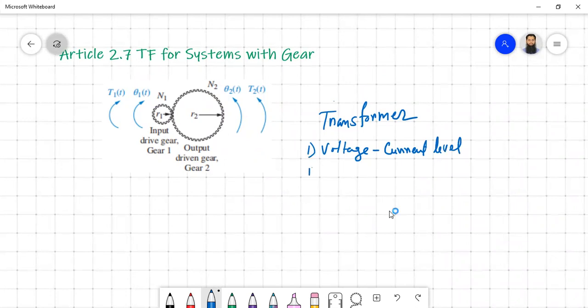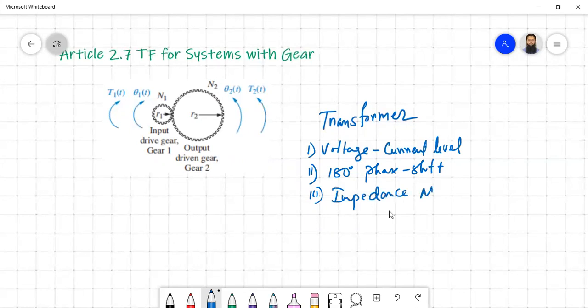Number two, there is a 180-degree phase shift in the transformer. We can also do impedance matching or impedance shifting.